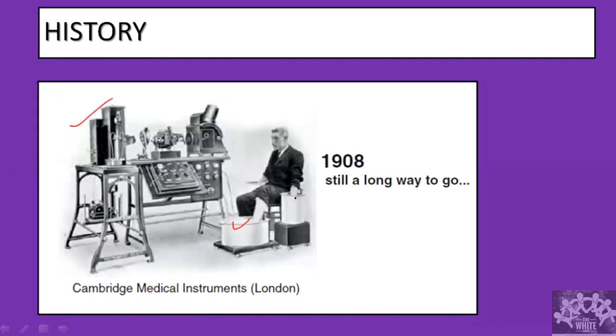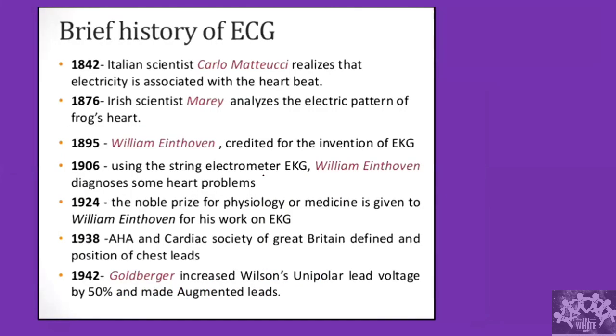These two compartments acted as an electrical conductor or lead to record the first ECG. And it is surprising to see that the initial ECG that Einthoven recorded and the current ECG are almost similar in nature. So that was the acumen that Einthoven had. Okay. So this is about the brief history of the ECG.